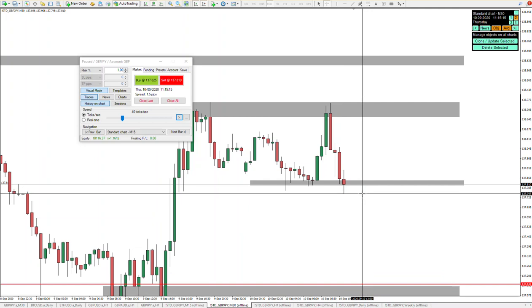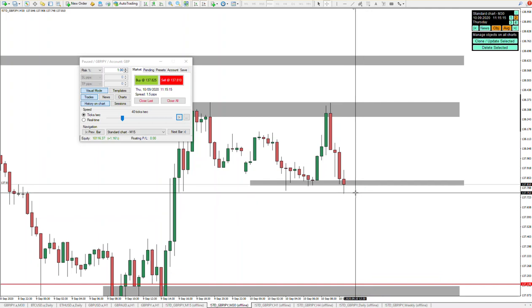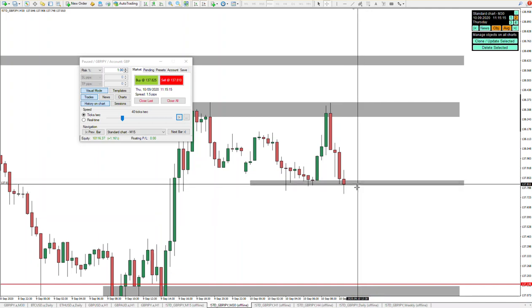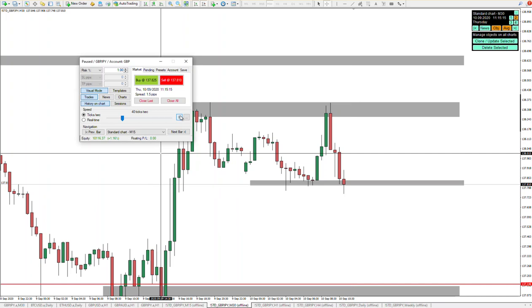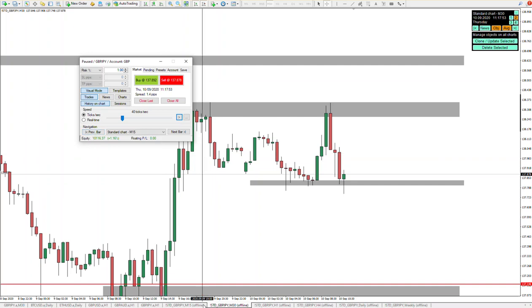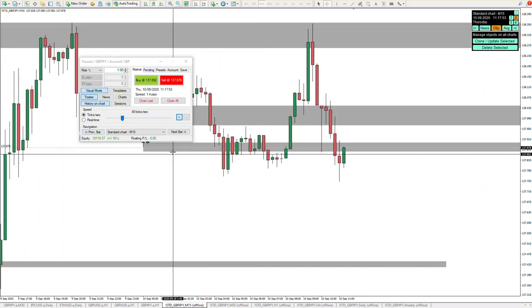If the next candle breaks below this price, I'm in. Oh, this is already the new candle. 1 second. Let me push previous bar. Oh wow, no. Damn.